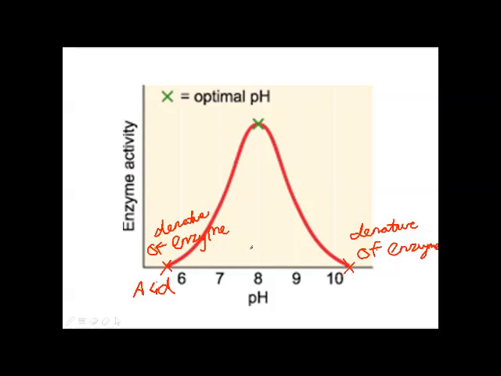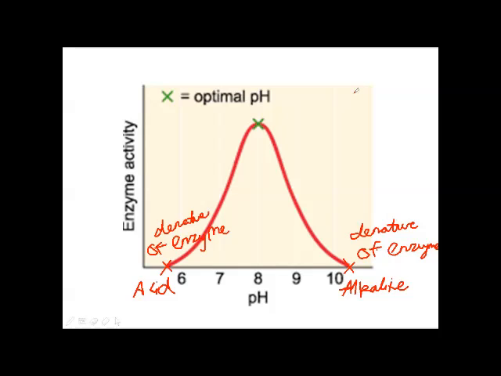If the pH is very acidic, under 5, it's going to denature. If the pH is over 10, so this is alkaline, it's going to denature as well. I might actually try to use the mouse for this later on.